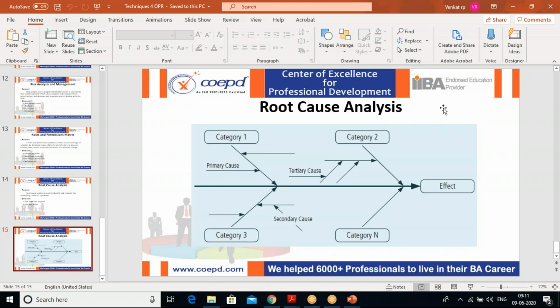What it says is that any problem that arises happens because of these 5 factors: people, process, machine, material, and environment. Start probing into these areas, and finally you will come to know the actual reason. So we can use a fishbone diagram for root cause analysis. Fine, got it.